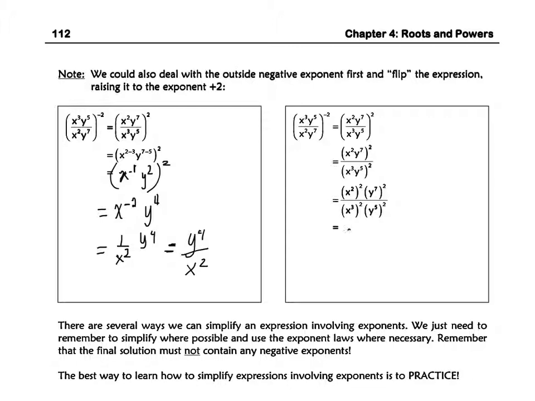And that would give you x to the 4, y to the 14, and x to the 6, y to the 10. And again, you can start cancelling, so x to the 4 would leave you with x squared in the bottom when you cancel, and y to the 10th would cancel out 10 of those y's in the top, leaving you with a y to the 4 in the top. So you would be left with y to the 4 over x squared.